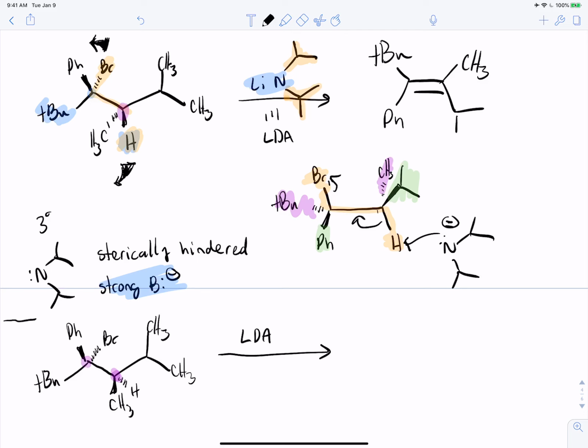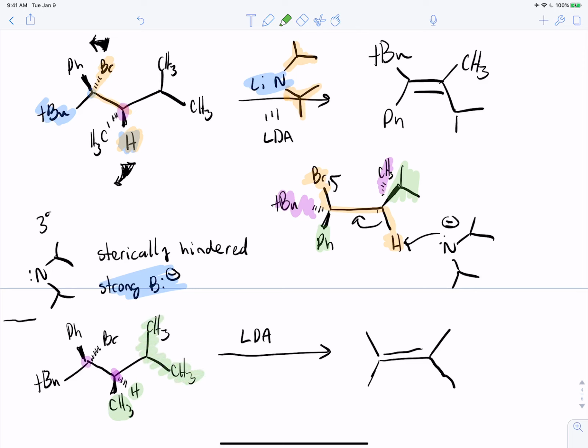So you can go through and put it in the antiperiplanar conformation again to see what you get. But I think we can kind of deduce that what we've switched is on this chiral center.